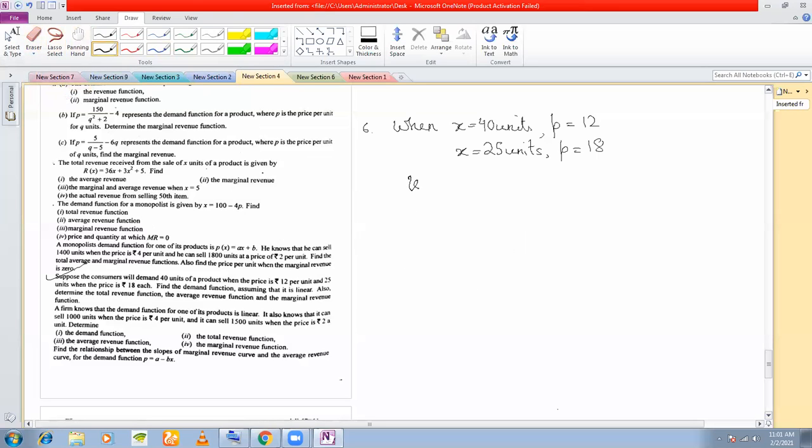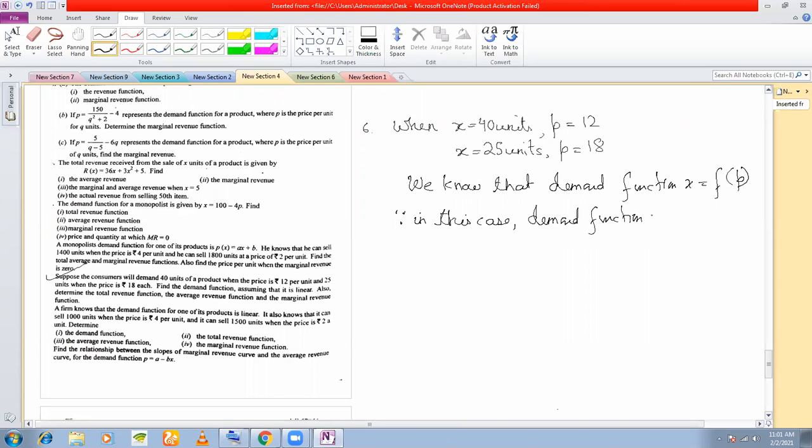Now we know that the demand function, x, is some function of p, right? Since in this case the demand function is linear, f(p) must be linear, right?